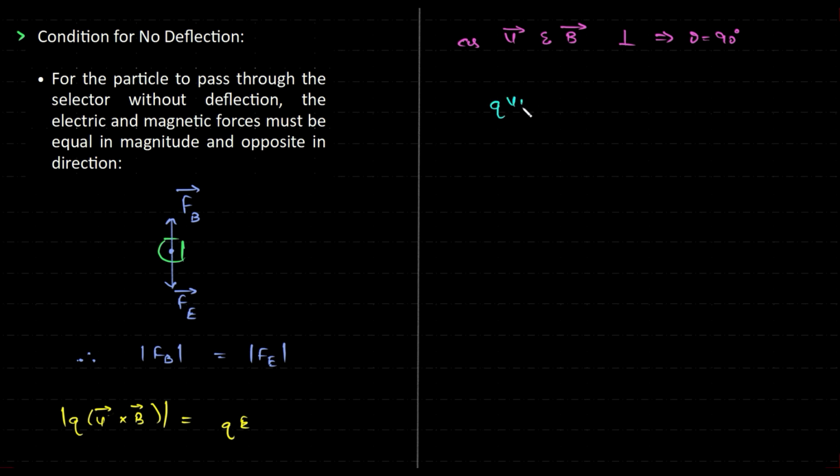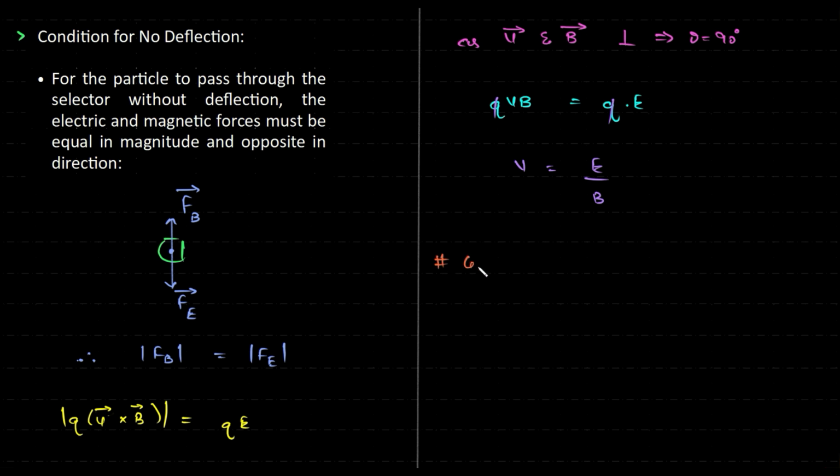This is Q V B sine 90 degrees. So sine 90 is 1, equal to Q E. So Q and Q will get cancelled. So a particle with the ratio of E by B, sorry, not Q, E by B, will be able to go through. So adjust E, adjust B, and we get to select a particle with a particular velocity.